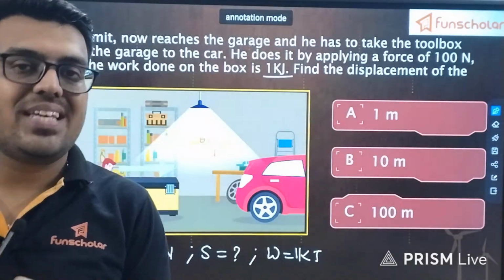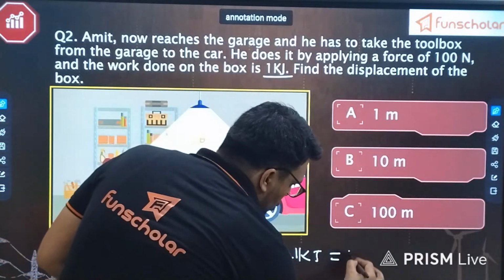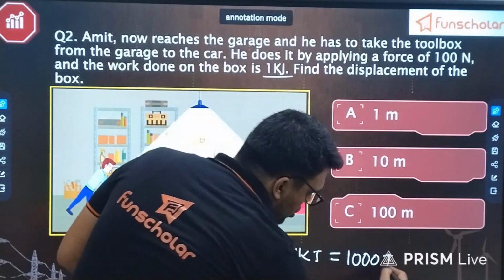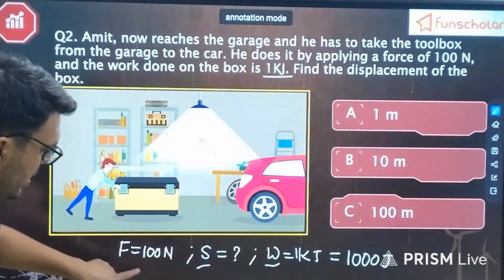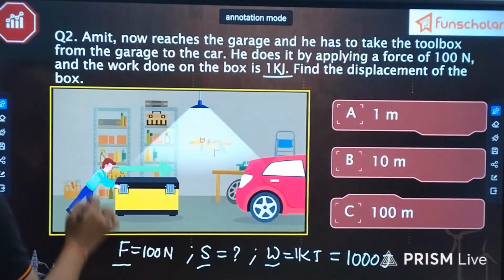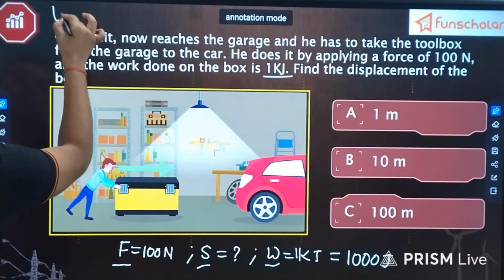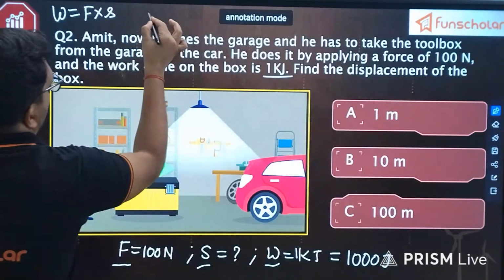So for the prefix kilo, we multiply it by 1000. So it is going to be 1000 joules. Now out of three quantities, work, displacement and force, we have two. So we can easily find out the third. Now work done is equal to force into displacement.